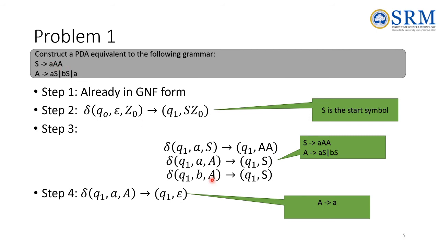For pushing, simply δ(Q, a, S), left-hand side S gives (Q, AA). Here I have two productions. So δ(Q1, a, A) gives (Q1, S) because I have S over here. Similarly δ(Q1, b, A) gives (Q1, S).